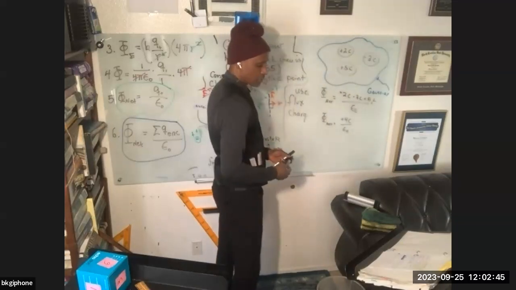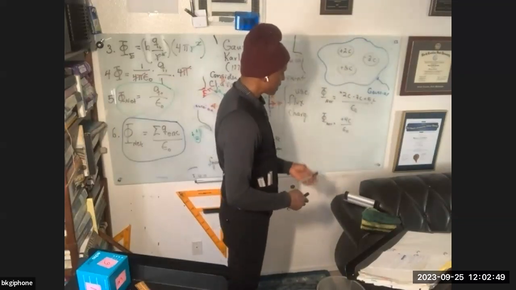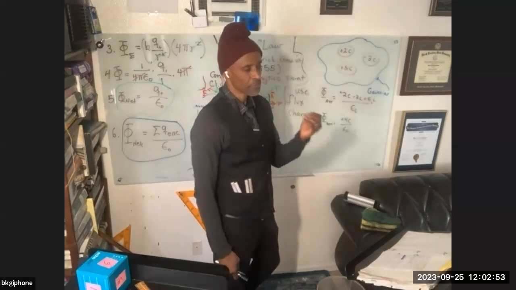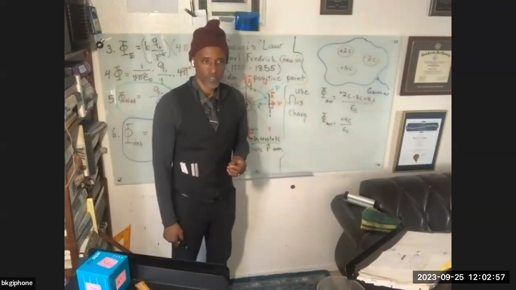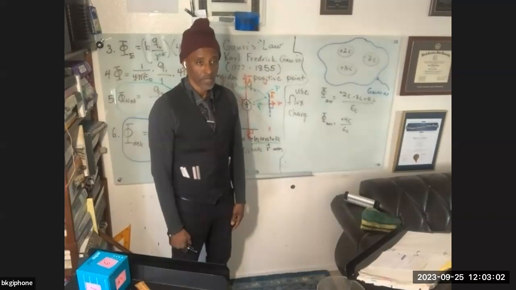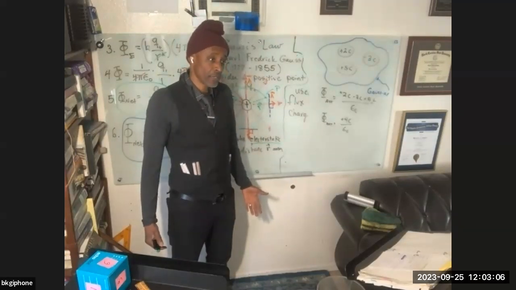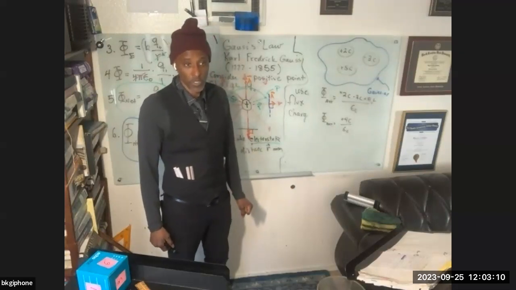Epsilon naught has a value, so we have to work it out. I could give that as the answer, but technically, the units for flux are going to be the units for electric field times the units for area. The unit for electric field, at this point, let's just say it's Newton per Coulomb.